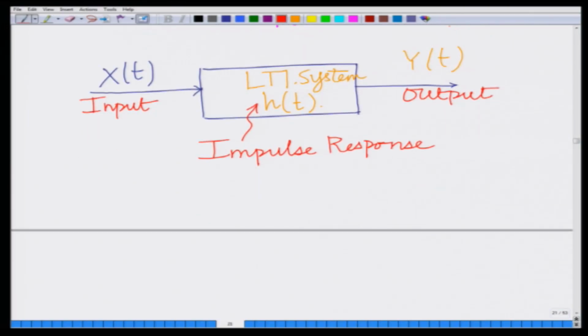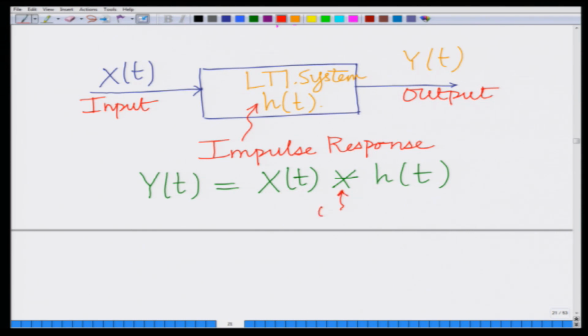Okay. And therefore, remember, for an LTI system, the output y of t for any input signal x of t is the signal x of t convolved with the impulse response h of t.